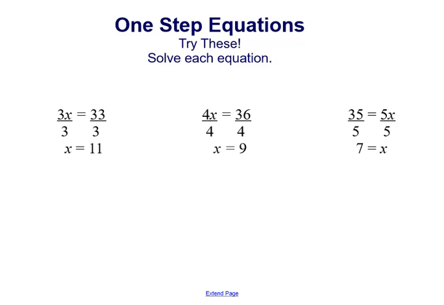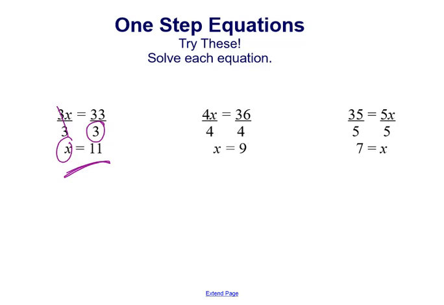So in the first equation, dividing by 3 undoes the multiplying by 3 and gets the variable isolated on the left. But remember, if we divided by 3 on the left, we also had to divide by 3 on the right. So 33 divided by 3 gave us 11. X equals 11 is our solution.